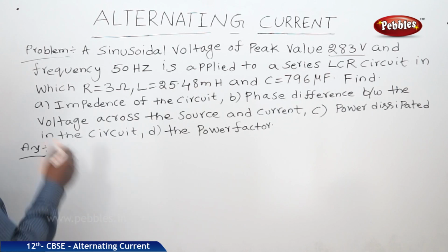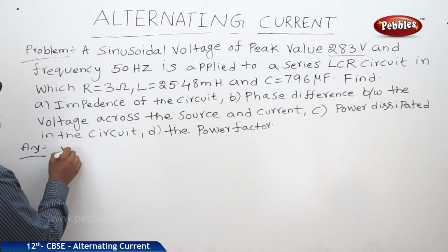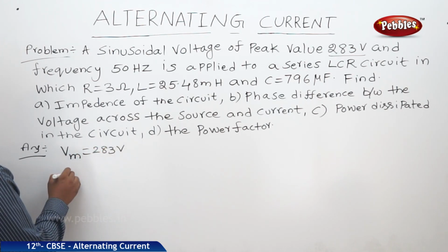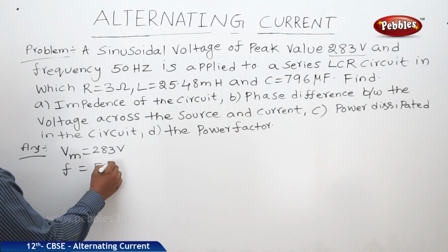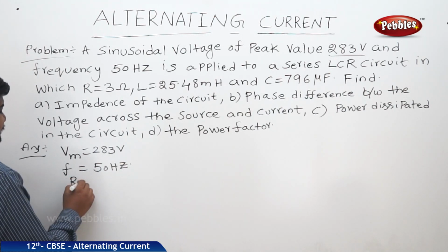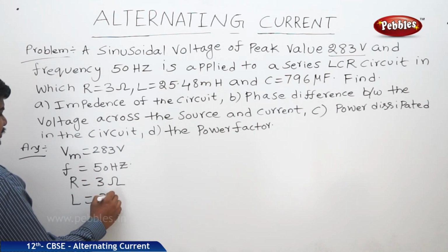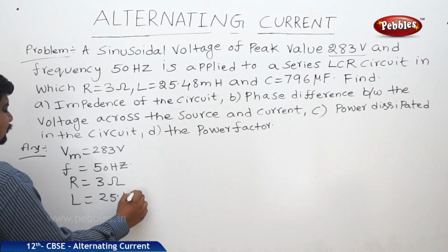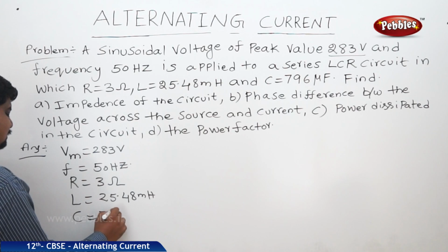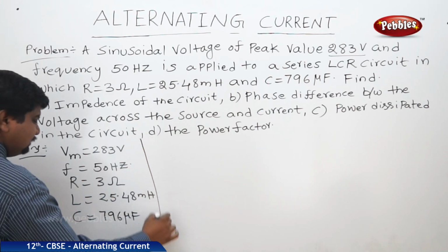Before going to that, please write what are the things given in the problem. So peak voltage Vm is 283 volts, frequency is 50 Hz, resistance is 3 ohms, inductance is 25.48 millihenry and capacitance is 796 microfarad.